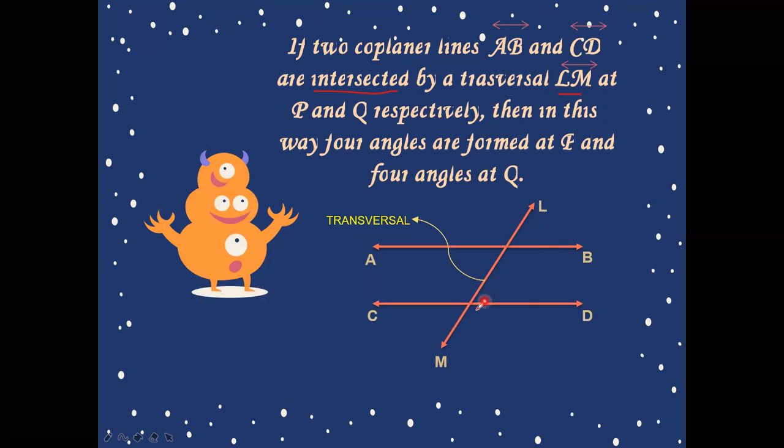In Playfair's axiom, the transversal means the intersecting line that intersects your two parallel lines.